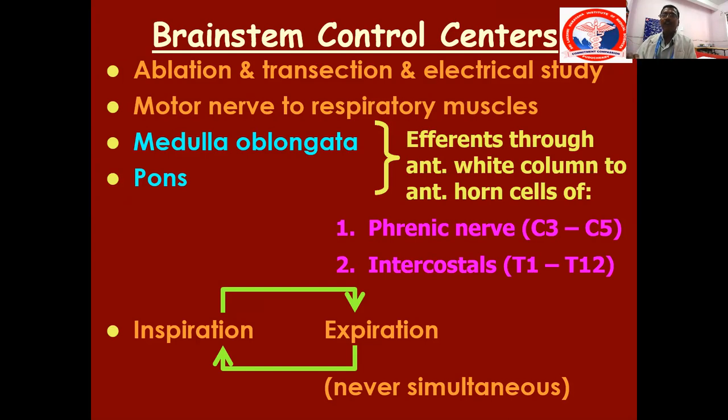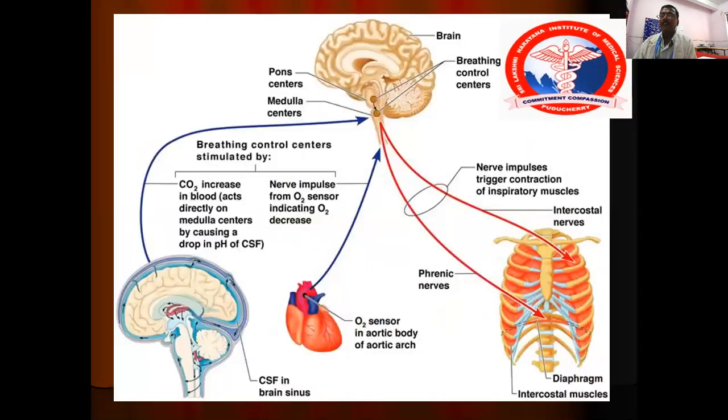Now, coming to the brain control centers, that is ablation or transection and electrical study, as well as the motor nerve to the respiratory muscles. In the previous picture, you can see the respiratory muscles, shown at the right bottom: the ribs, and in between the ribs are the respiratory muscles, namely the external intercostal muscles and the internal intercostal muscles, and the principal muscle called the diaphragm. That right bottom picture shows muscles directly innervated by the nerves and directly controlled by the brain.